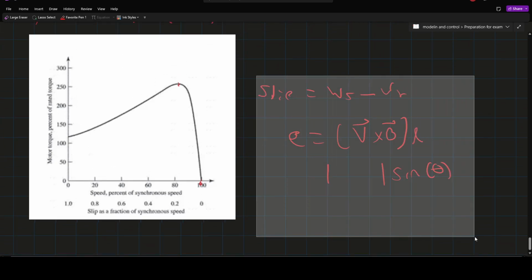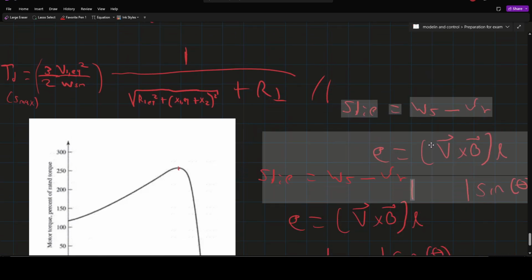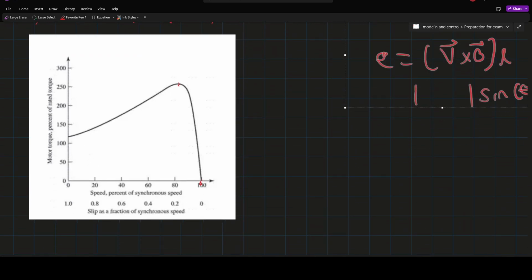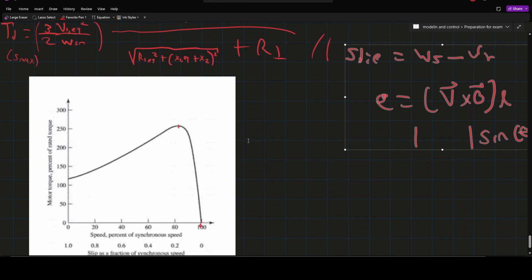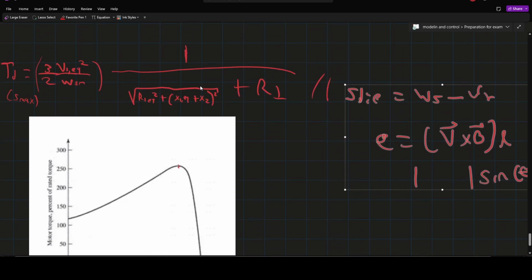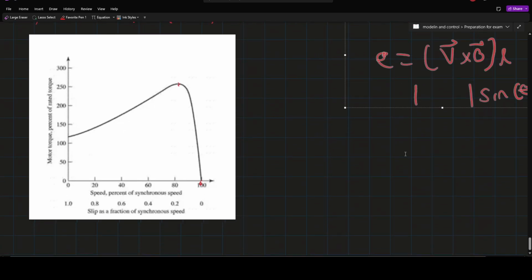Another thing that we can say here is that we have over here the equation for our torque.